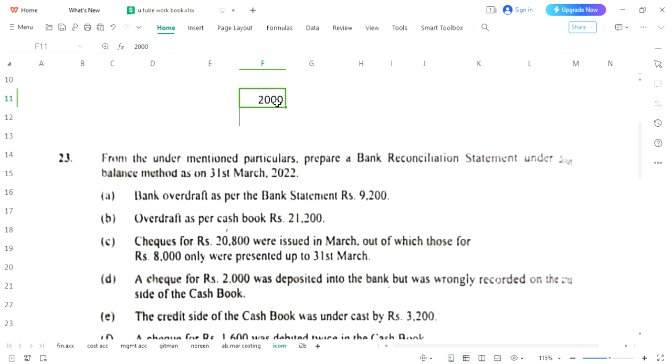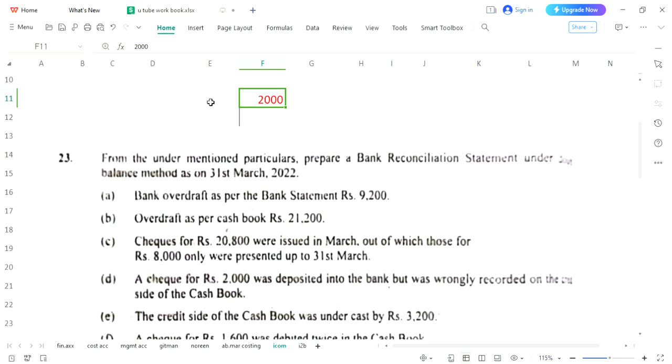You have written this 2000, which is wrong. It was not meant to be written over here. I have changed its color. You were supposed to write 2000 over here, on the debit side, but instead of debit, you have written it on the wrong side. Now we are not allowed to cut, delete or erase. So how will you correct this entry? There are two mistakes.